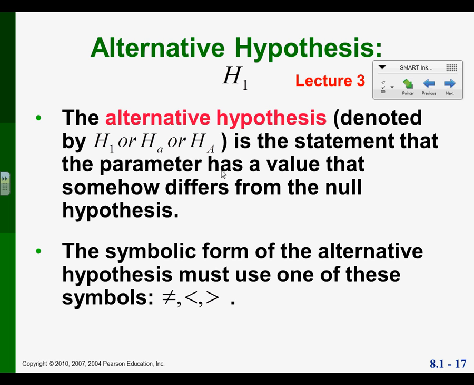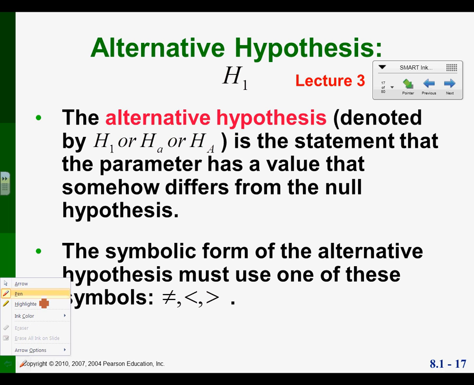H sub 1, you possibly know about these. That's the alternative hypothesis. That's what your second statement would be. The alternative hypothesis. What math symbol is used in the null hypothesis?